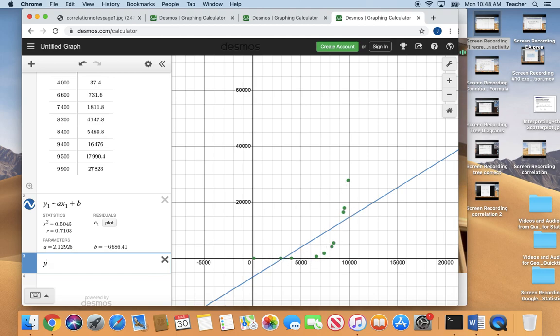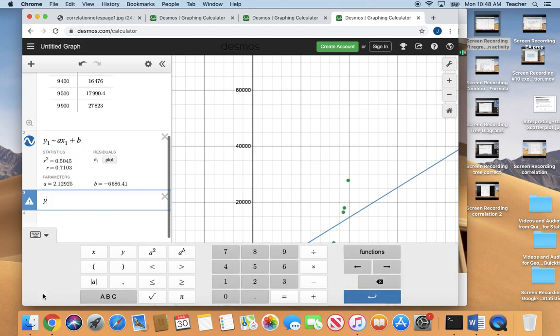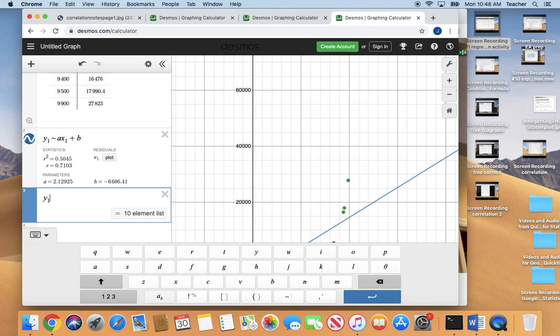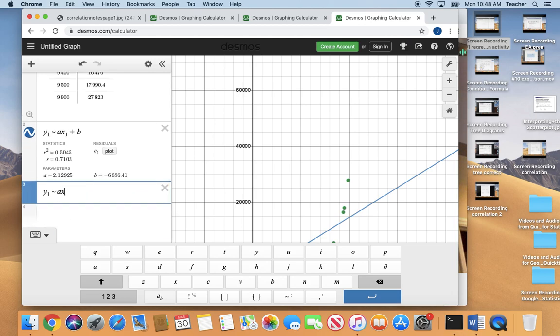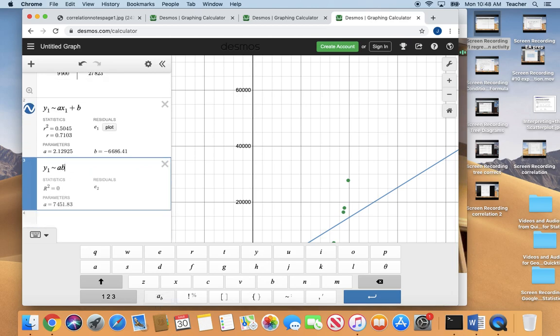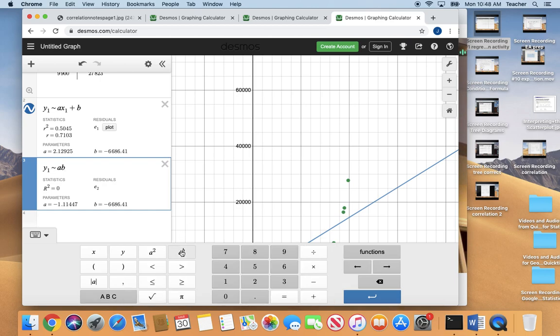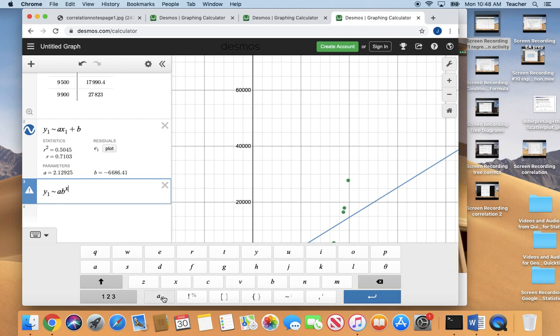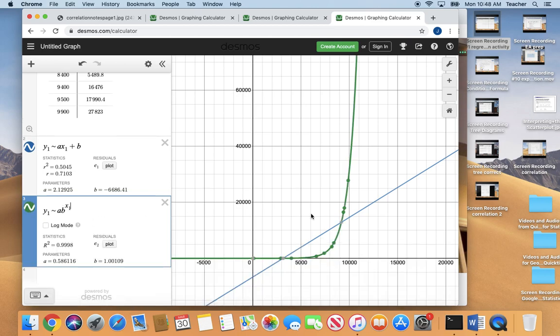So if I go in here and I type in, this looks more exponential to me based on the scatter plots that I've seen. So if I type in an exponential equation for this particular problem, okay, if you look here at this data, this exponential curve matches this data really well.